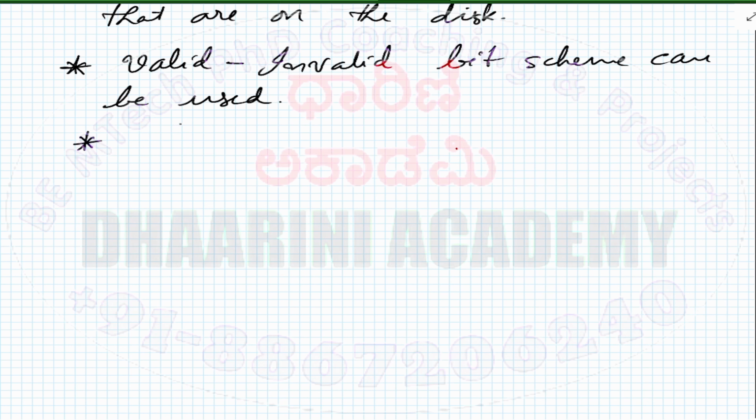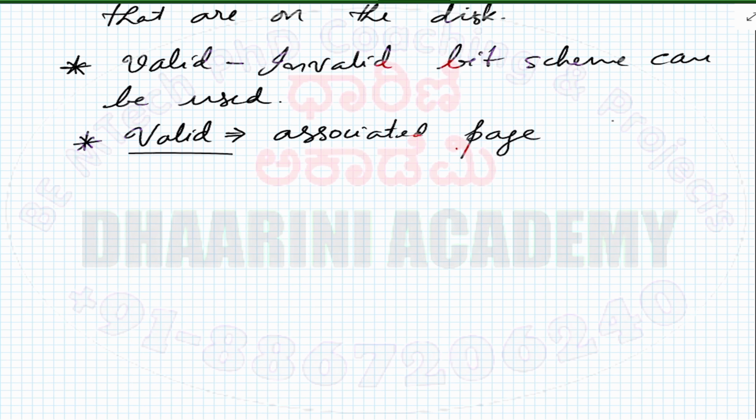Valid means: when we say that a particular piece of data is valid, or whenever you fill the bit value as valid, this means the associated page is both legal and in the memory.